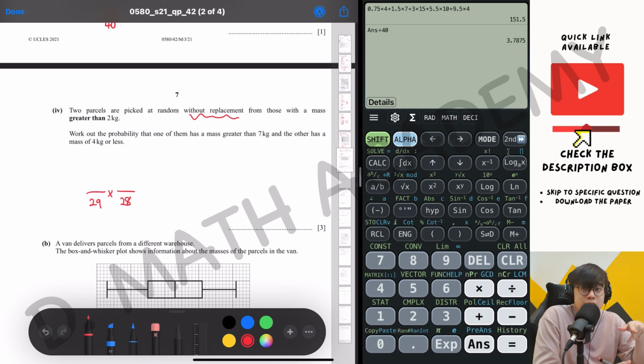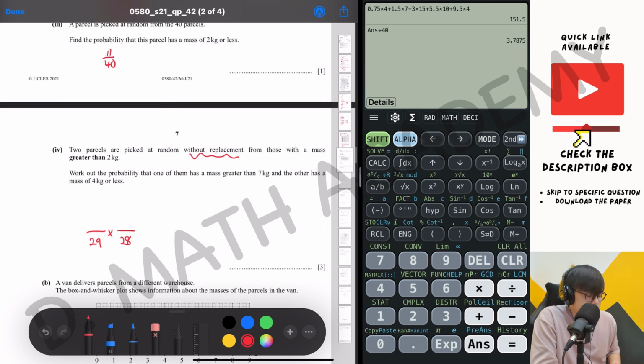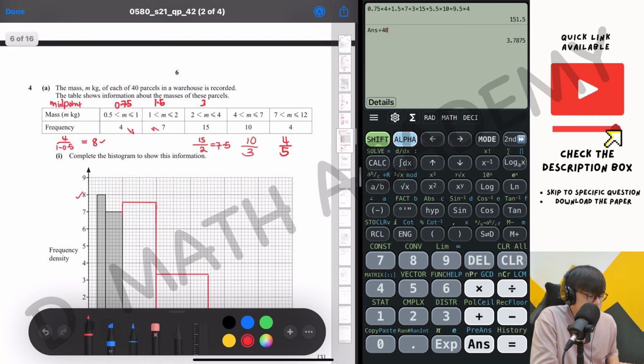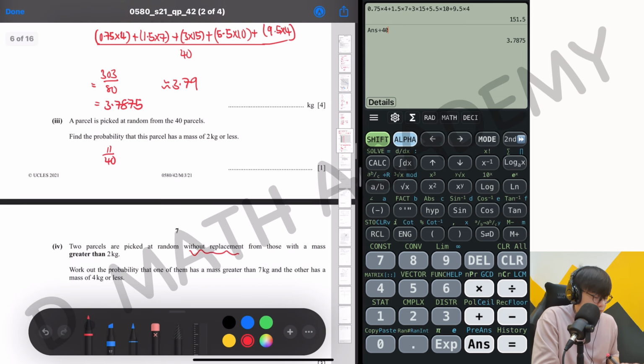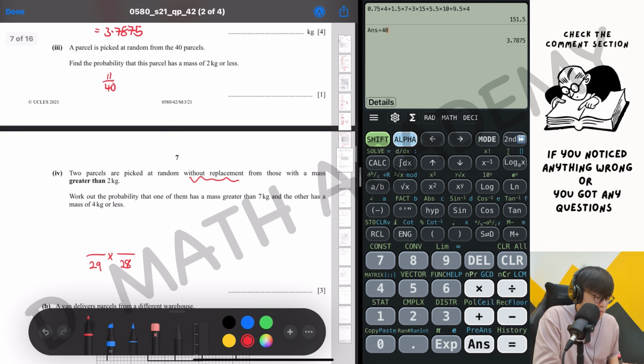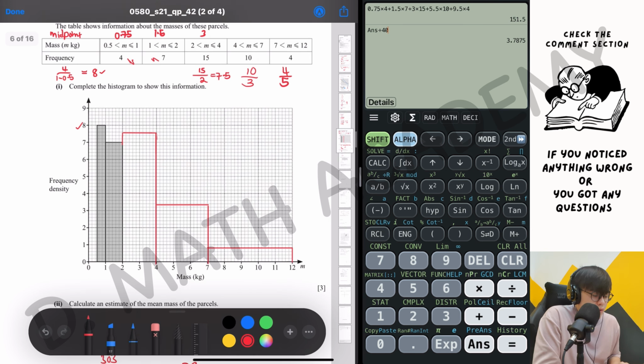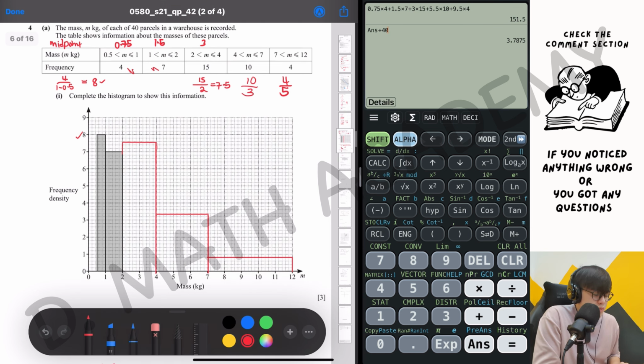So how do I get this? It's actually by taking 40 minus the 11 for mass less than 2 kg. So with that, we work out that one of them has a mass greater than 7 kg and the other one has a mass of 4 kg or less. So let's say the 7 kg one first. So that is actually 4 here, followed by 4 kg or less, that will be 50.